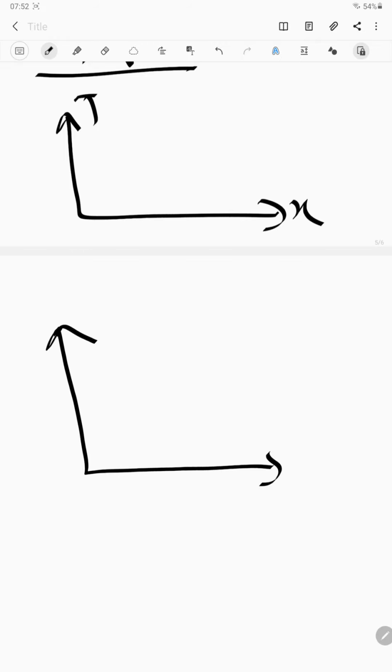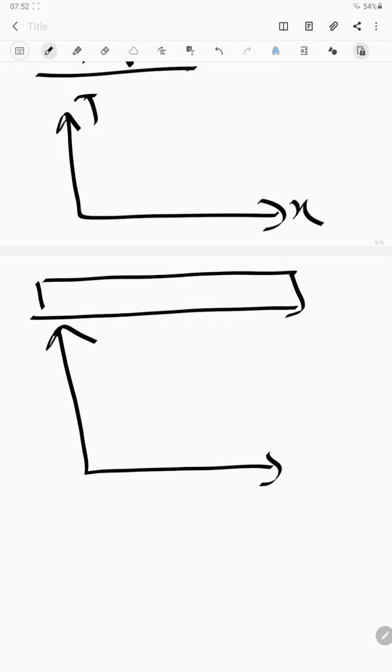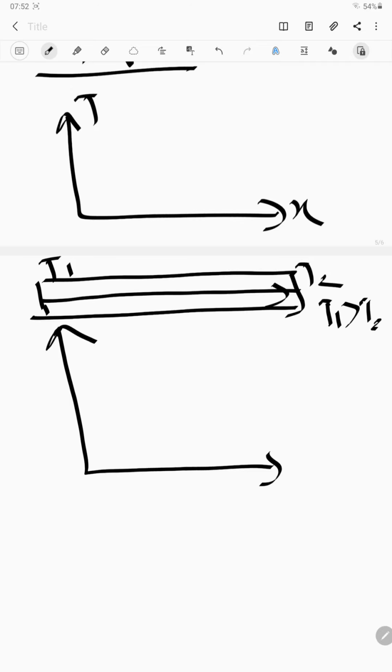Okay, so kita ada metal bar, daripada T1 kepada T2. So heat will flow from higher temperature to the lower temperature. So maksudnya dia akan bergerak daripada T1 pergi kepada T2.